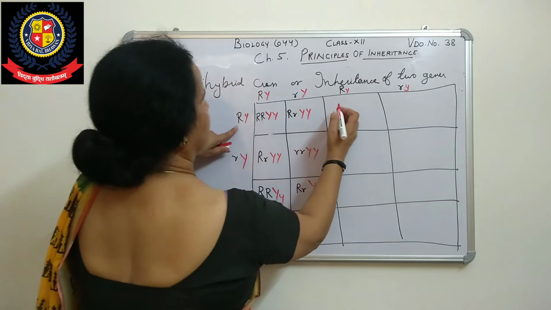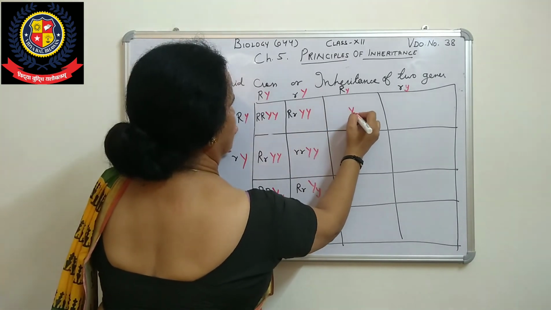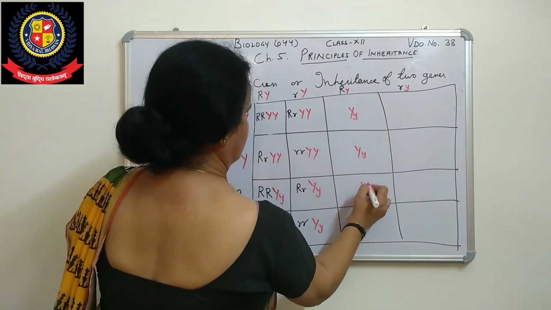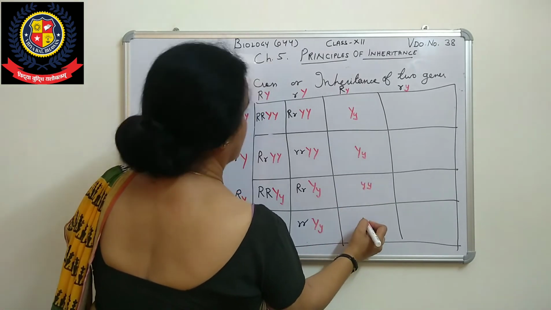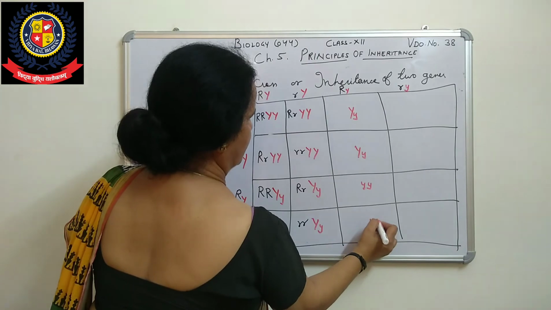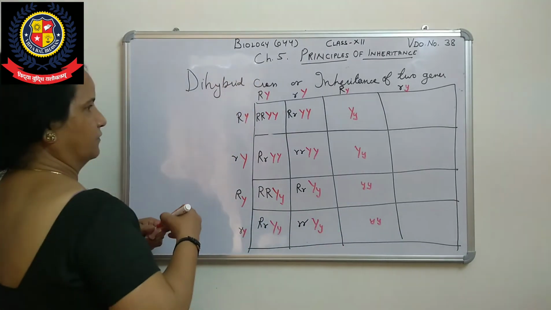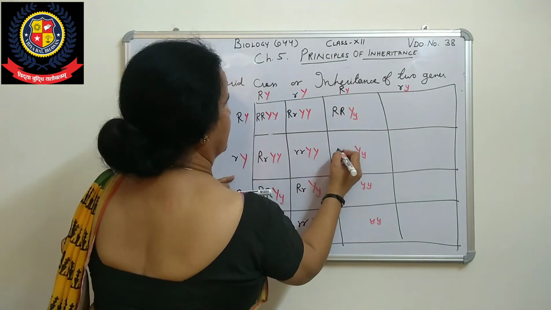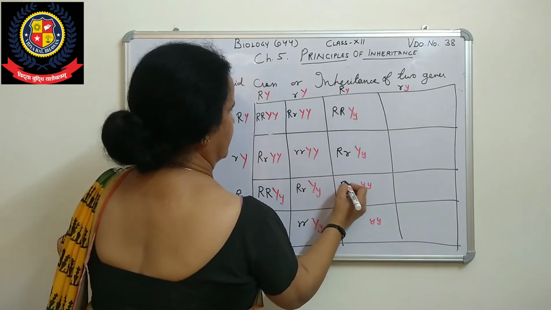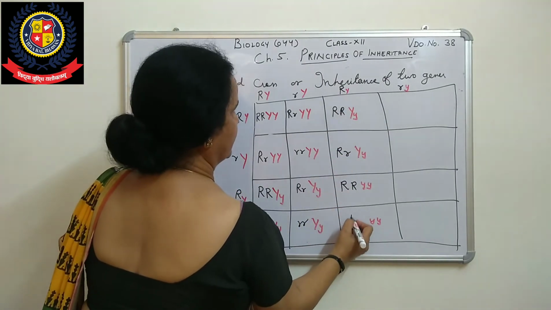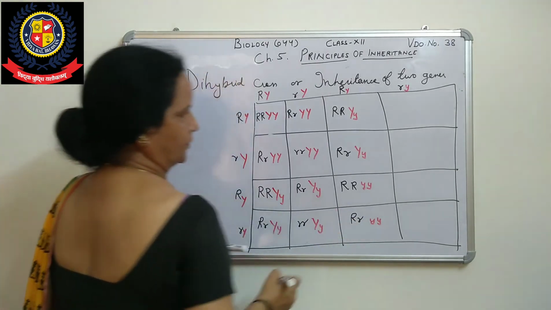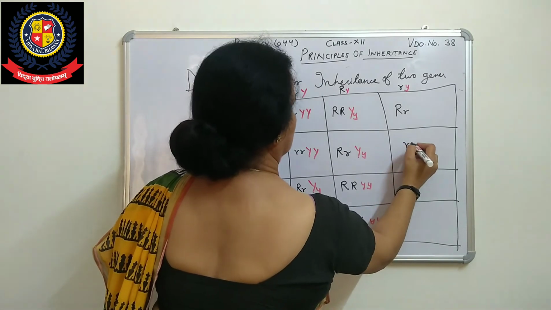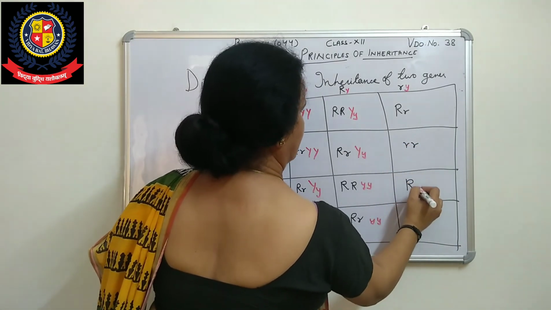Now here capital Y, small y, capital Y, small y, capital Y, small y, and here small y, small y. Then we will make it capital R, then R, small r, then R, and then R and small y. Here capital R, small r, then small r, then capital R, small r.